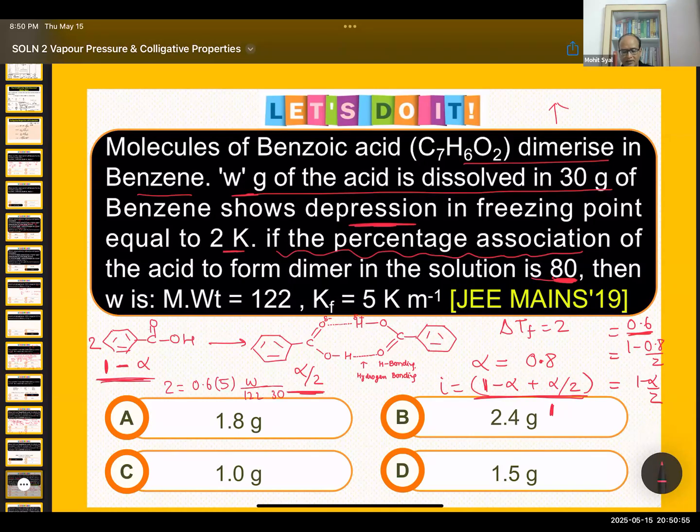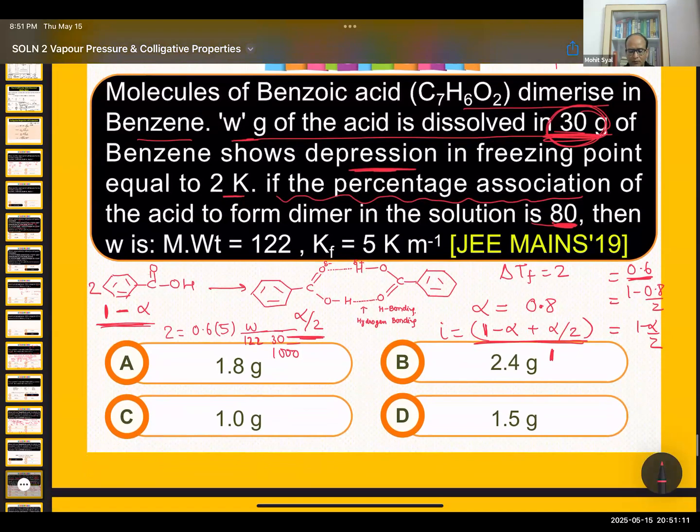The 30 gram of benzene is given over here, I will convert it by dividing by 1000. So by simplifying it, I am going to get my answer.